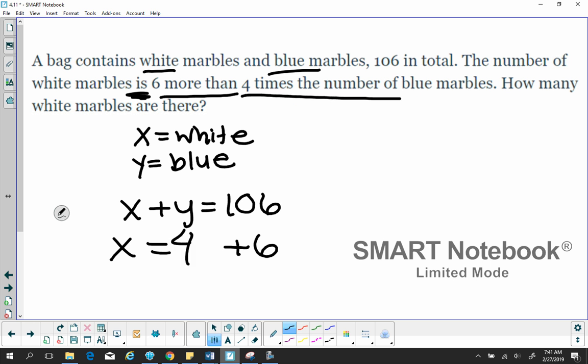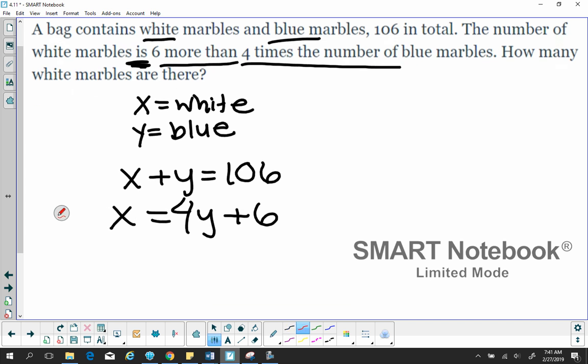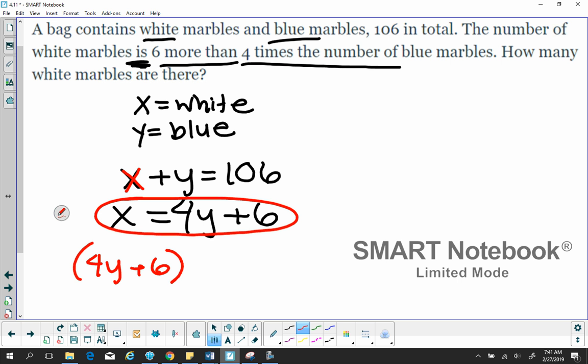So 4 times the number of blue, which is Y. Then you would solve it exactly the same way we solved the first one today. We would look and see, okay, I know this second equation has X by itself, so I'm going to plug it in for this X. So instead of X, I'm going to plug that equation in.